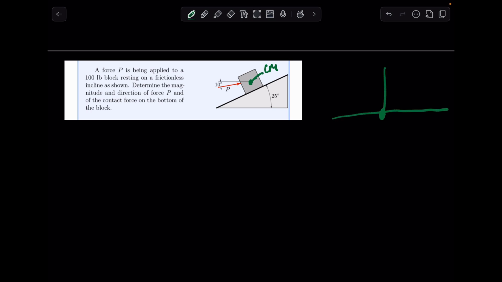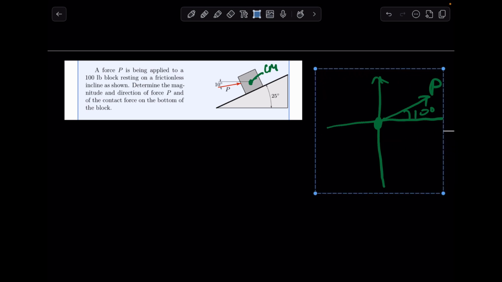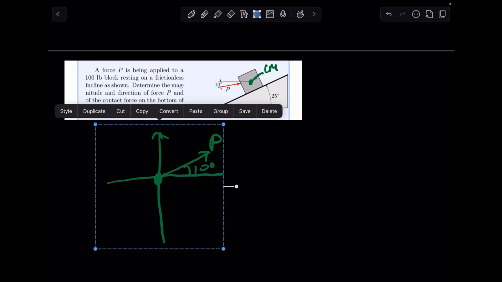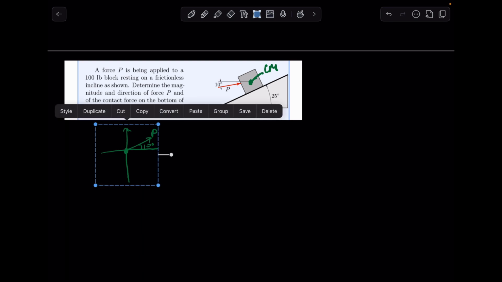Okay, so we have our little center of mass here, and we know that there's a force P being applied here at 10 degrees, right? Right here, 10 degrees. This is our force P. Let's do this, hold on. I'm going to move this here. So that's our first force.